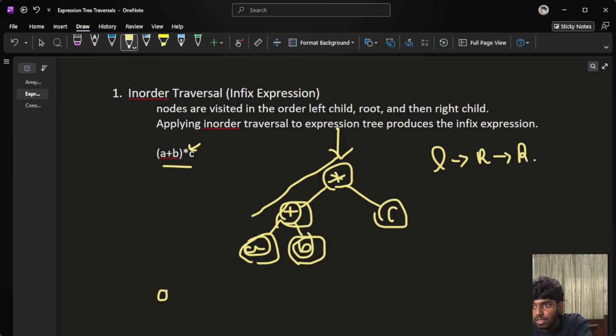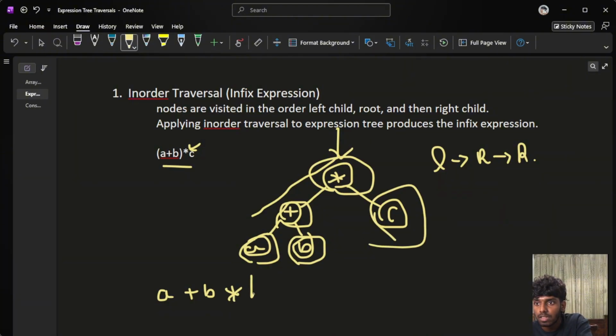So the A plus B, and then there's no more left that we can go, and then we go to this side, and then we go to the root, and then the C. So this is the answer that we obtain after applying the in-order traversal to this expression.